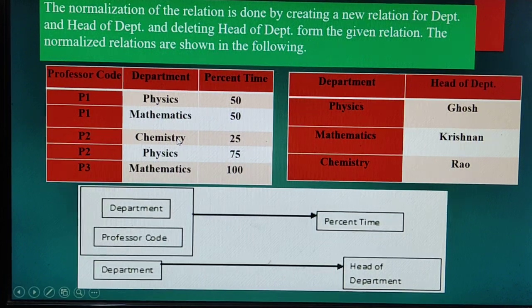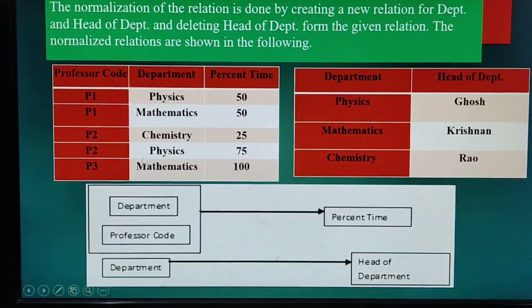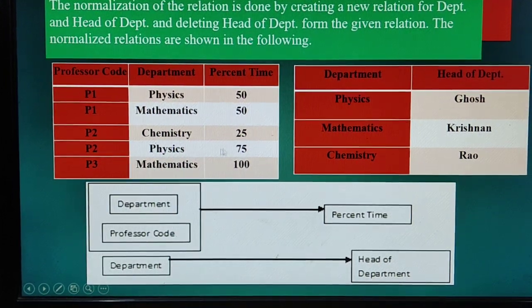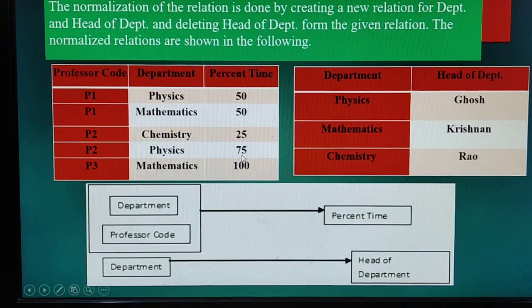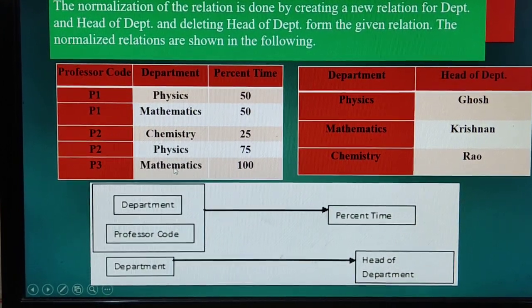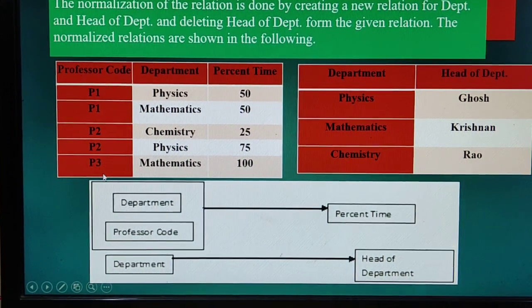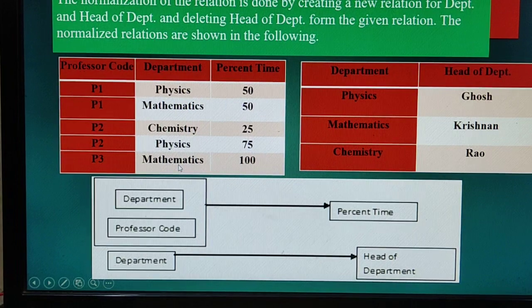P2, chemistry department, 25% he spends the time in the department of chemistry. P2 again, physics department, 75%, and altogether you will have 100% he has spent. And P3 is associated with only one department, and he is devoting 100% of his time to that single department.